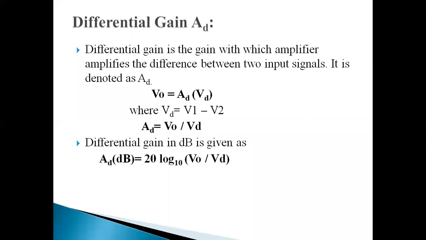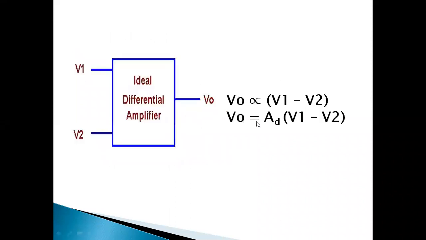Here the differential gain represents the gain when we are applying two different input signals to the differential amplifier. So when we are applying two different input signals, what is the output voltage? From the previous equation, V0 equals AD into V1 minus V2, where V1 and V2 are the two different input signals.